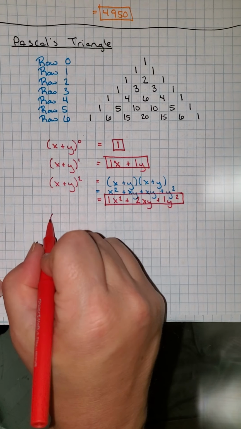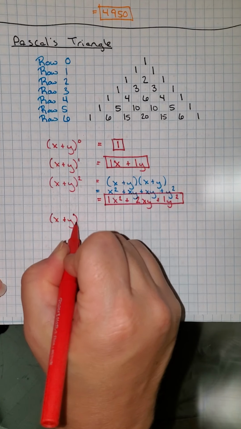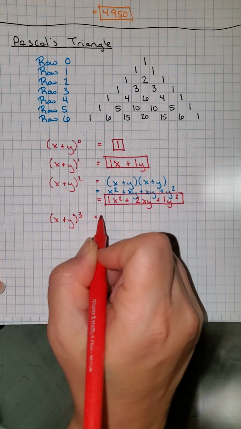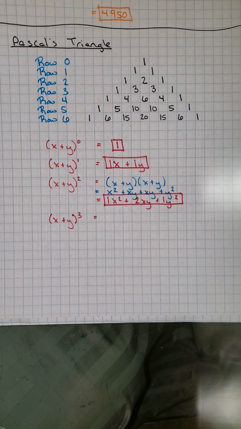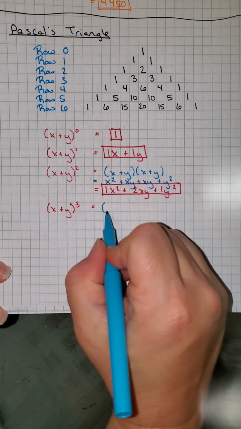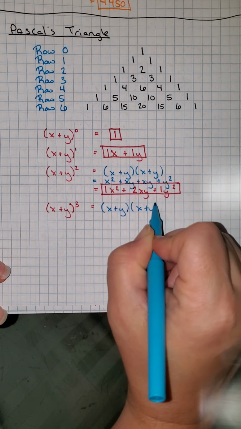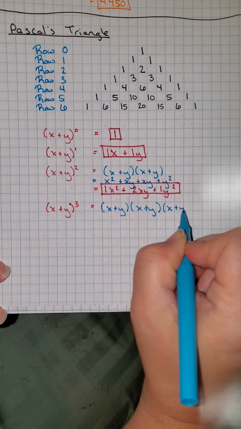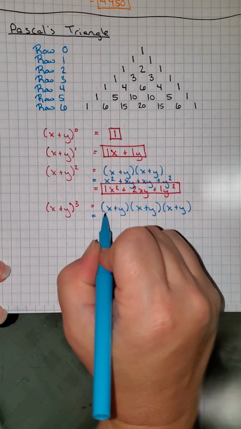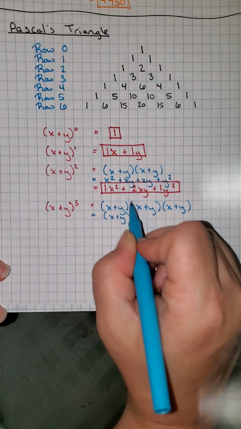X plus y to the third. Okay, x plus y to the third is a big pain to do by hand, because you have to do x plus y times x plus y times x plus y. So you have x plus y, and then x plus y times x plus y, we just did it.